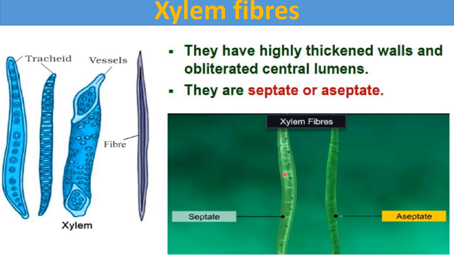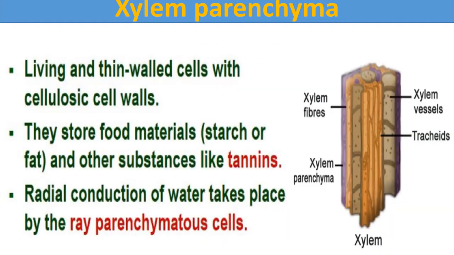You can see this fiber is divided into many sections, so cross walls, or septa, are present between the members of the xylem fiber. But here you can see there is no cross wall or septa, so such fibers are called aseptate fibers.